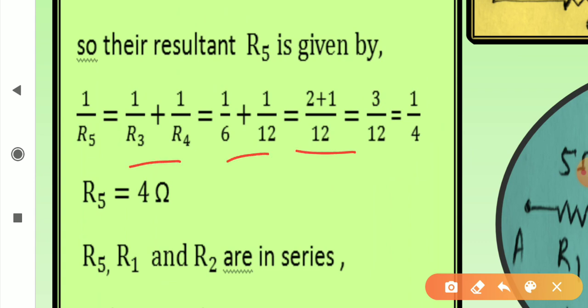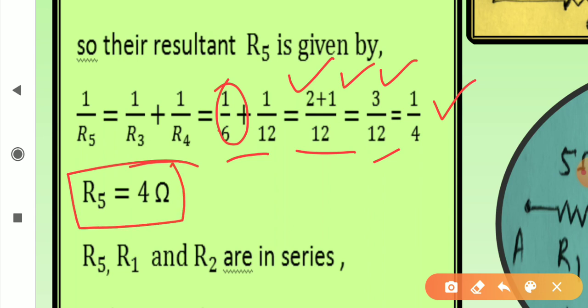Taking LCM 12, 6 2s are 12, 12 1s are 12, 2 plus 1 you get 3 upon 12, so cancel it, 3 4s are 12, you get 1 upon 4. So taking the reciprocal, R5 is 4 ohm.